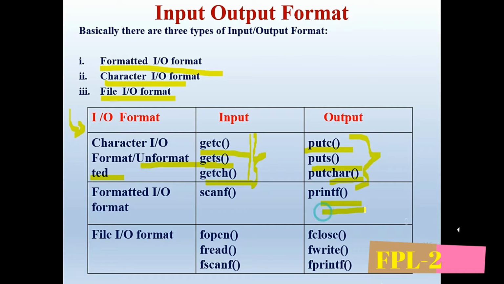Here you can format the thing, whatever you want to display, according to your choice, and you can write any number of variables and values by using just a single printf. And whatever you want to take from the user, that can be 2 values, 3 values, 4 values at a time, that can be done by using scanf. So this is a formatted input function and a formatted output function.